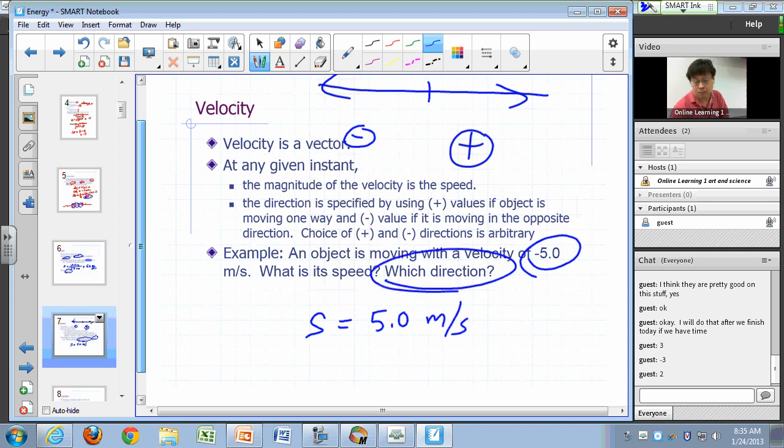Which direction? Well, whichever direction you want to call the negative direction. So if you want heading north as your negative direction, then that's what it is. If you want heading left as your negative direction, then that would be the direction. So it depends on how you define your directions.